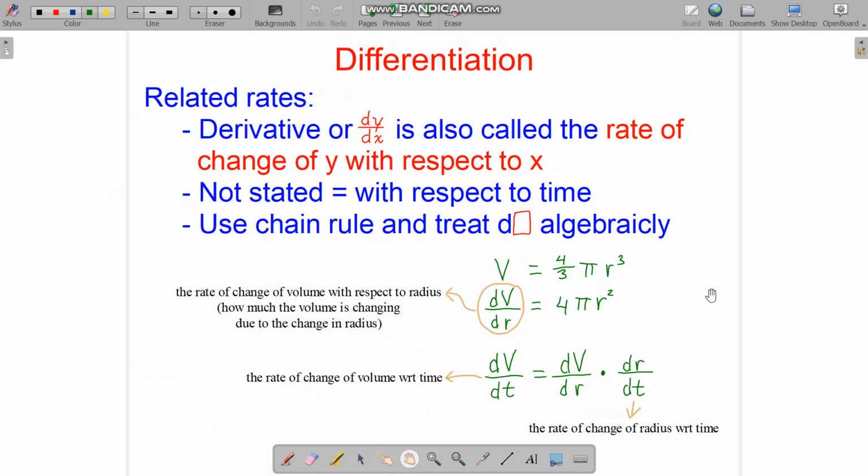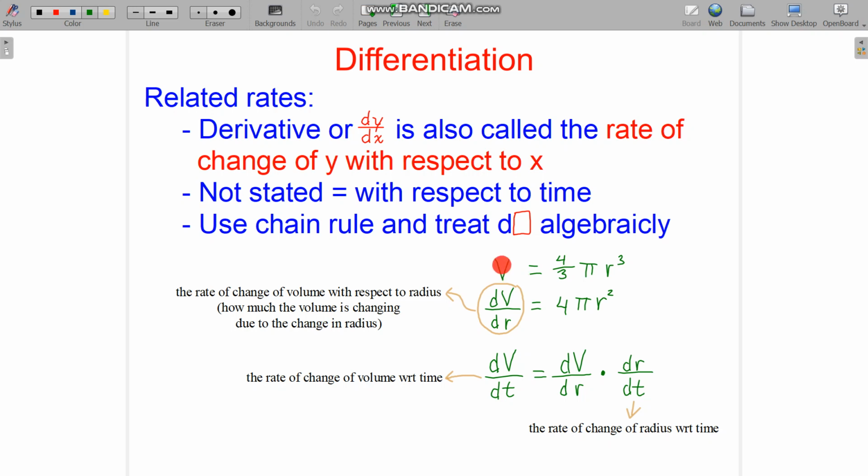Okay, and now related rates. The derivative dy/dx is also called the rate of change of y with respect to x. So if it's not stated, it's with respect to time. We can use the chain rule and treat the d something like dy or dx or du or dv or whatever algebraically.